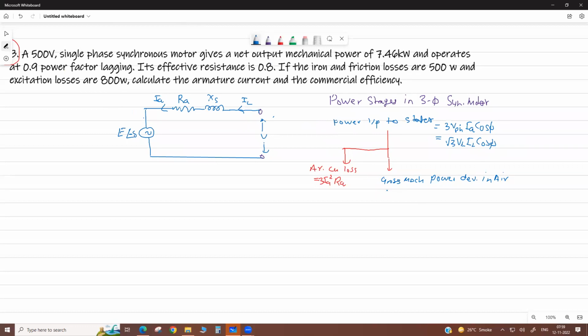This is the mechanical power. How can we define it? With back EMF, or induced EMF, E into IA armature current, then cos of alpha minus phi. Here the load angle is taken as alpha.